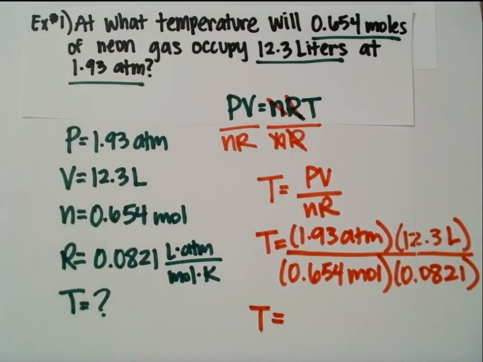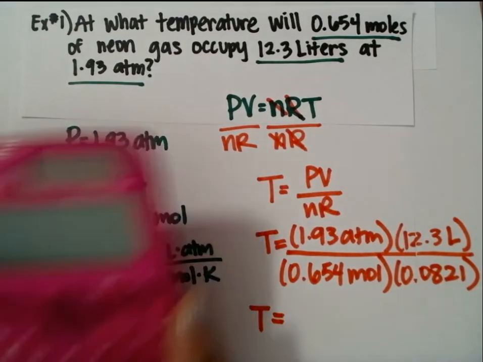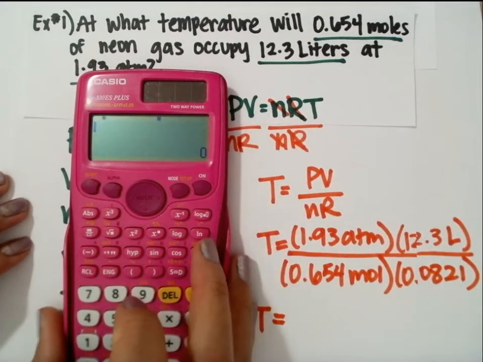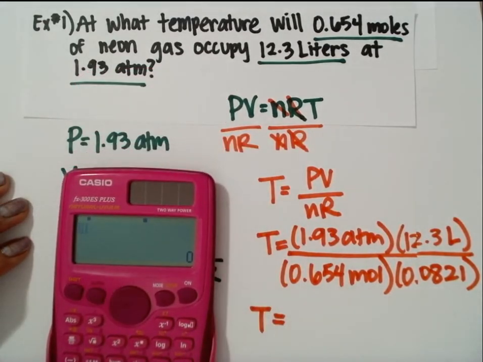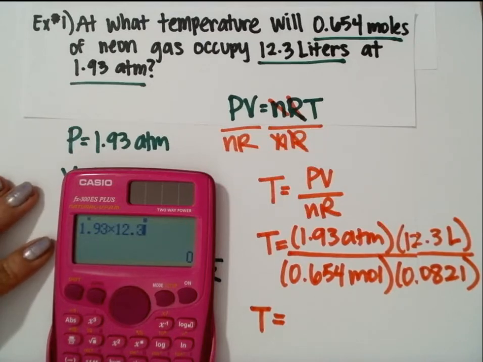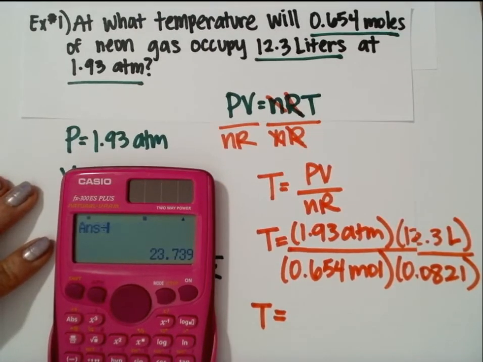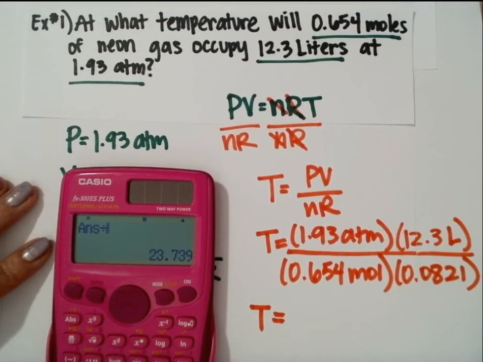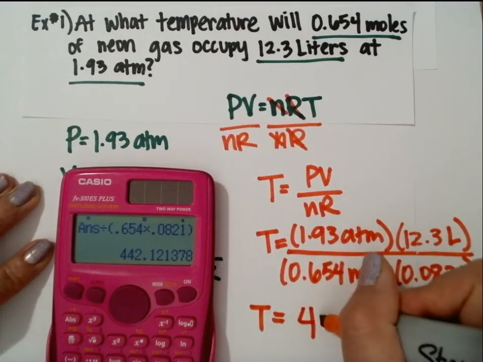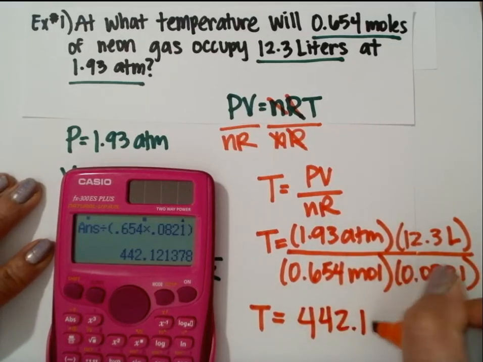Okay, so when I plug this into my calculator, I want to make sure that I'm using parentheses, especially when you're dividing. Okay, so we have 1.93 times 12.3 divided by, open parentheses, 0.654 times 0.0821, close parentheses, and you should get 442.12.